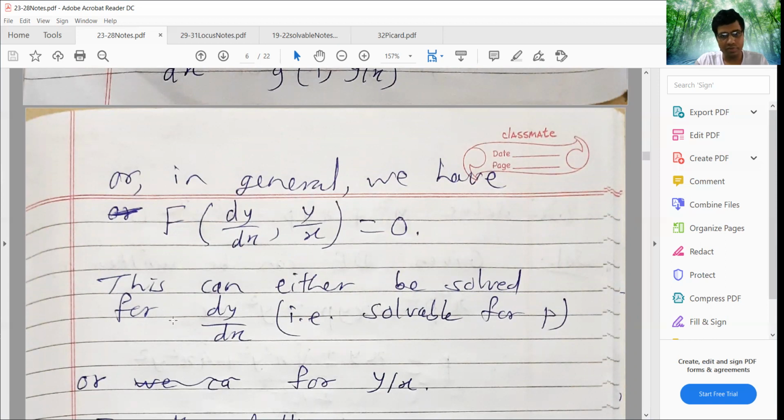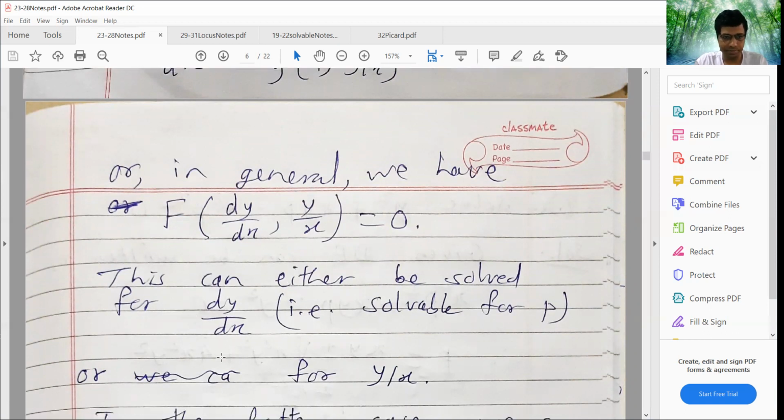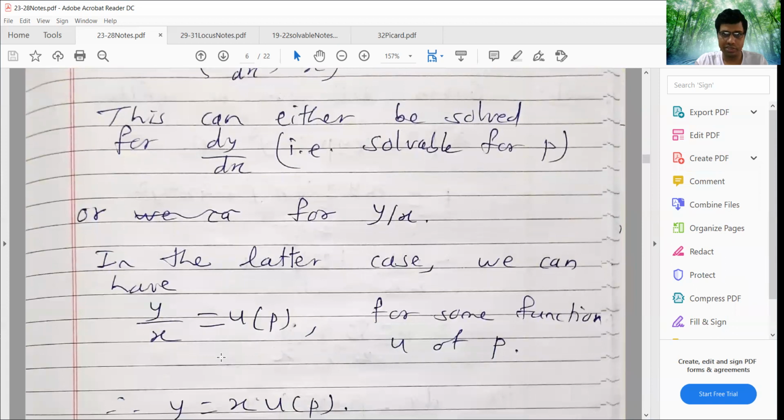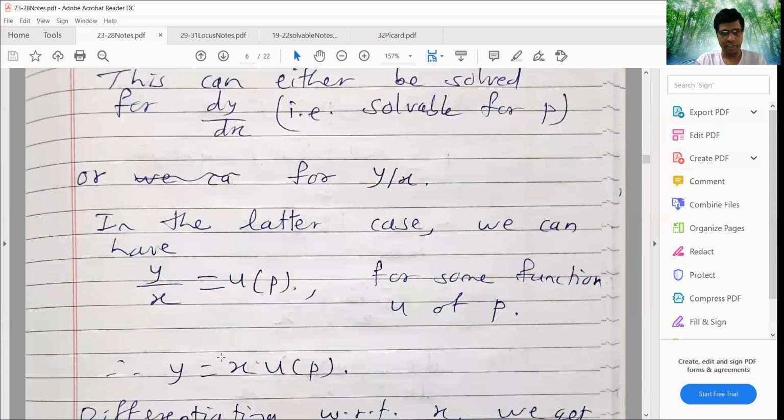Here we can have a differential equation of higher degree. So it is either solvable for p or solvable for y upon x. If it is solvable for p, then we proceed as in unit 1, where we studied such systems.